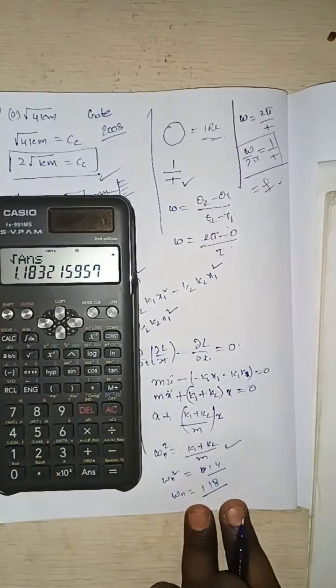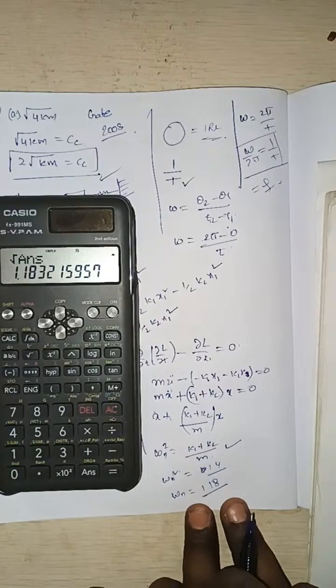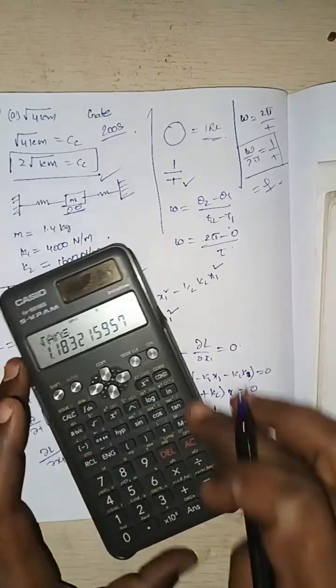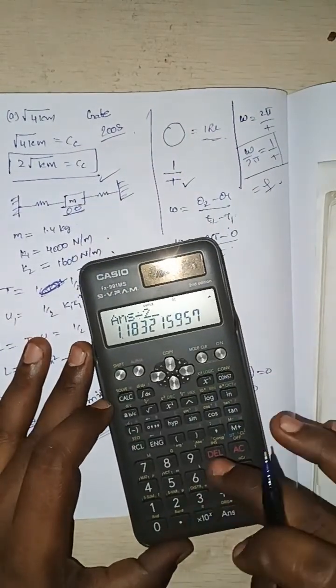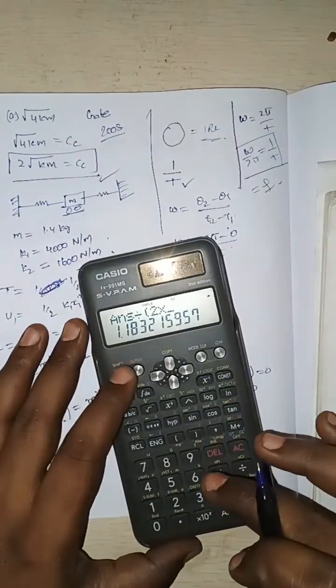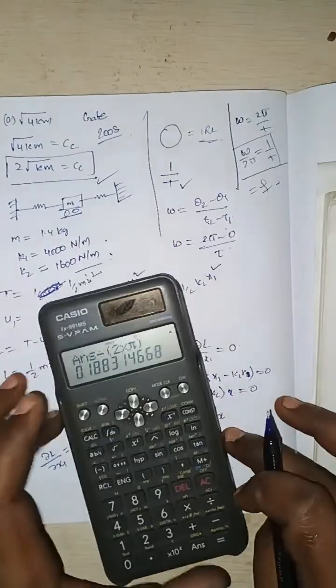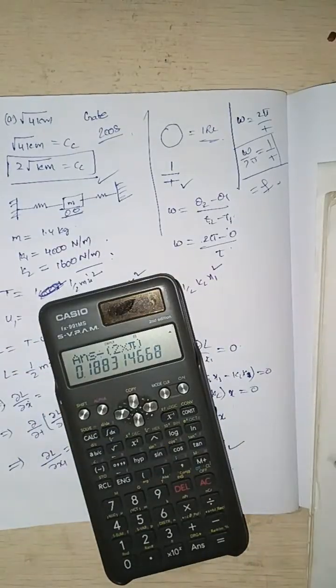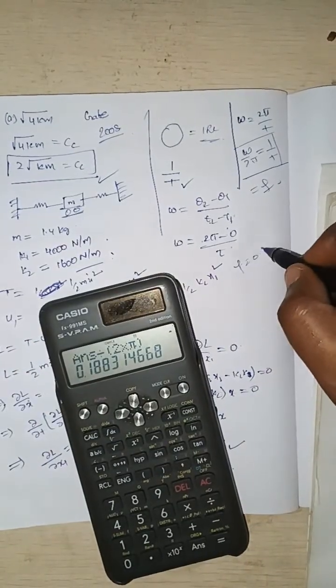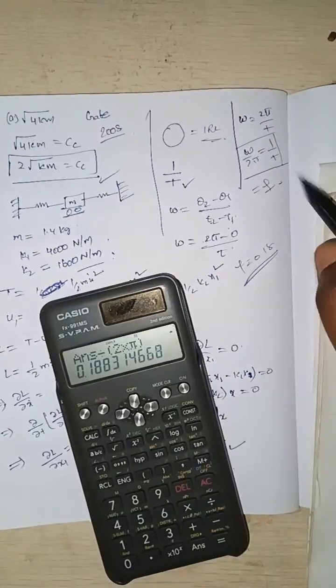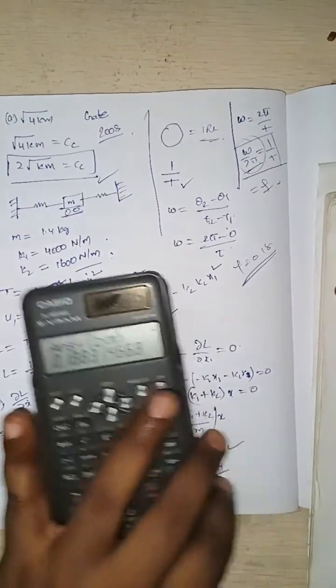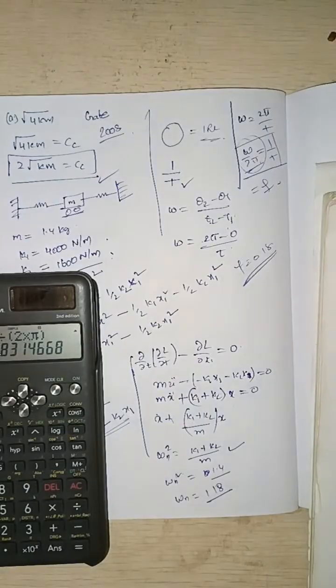So we got 1.18 as the answer. I have to divide it by 2 pi, 2 into pi. So dividing this we get 0.18.